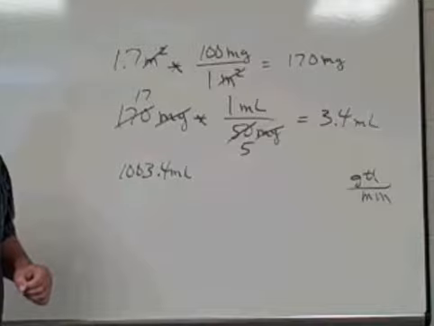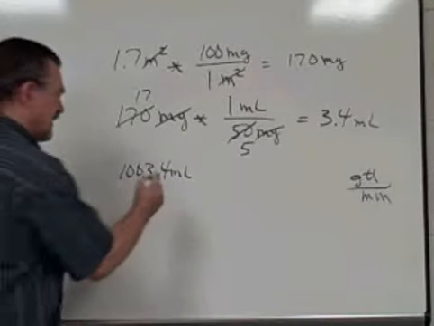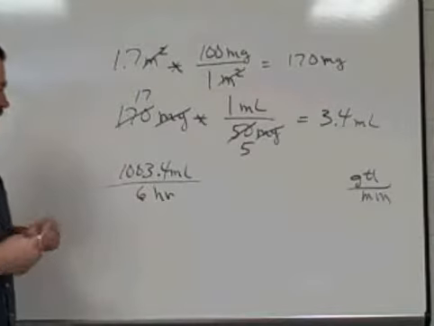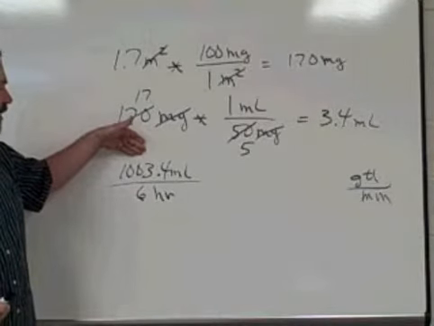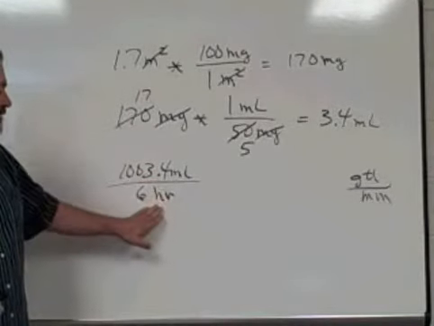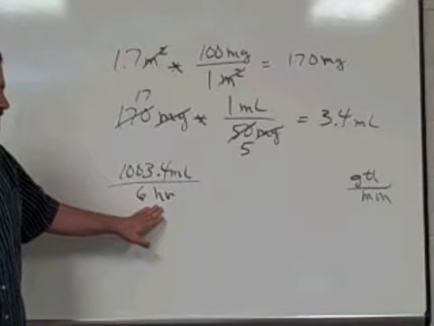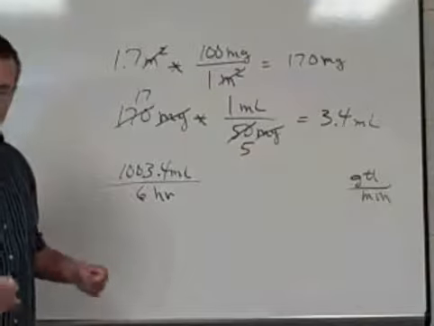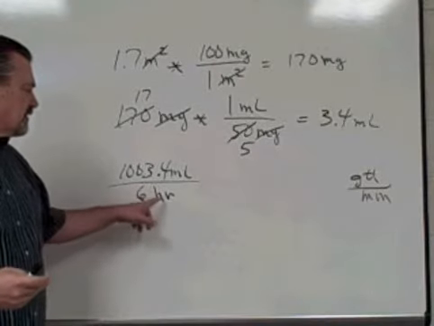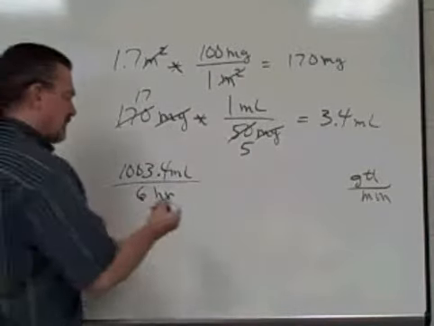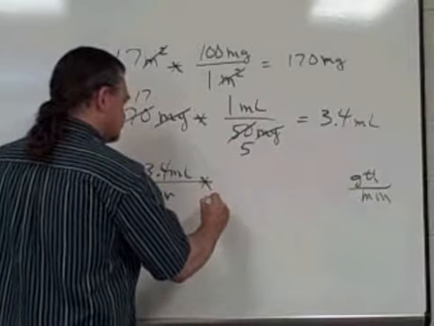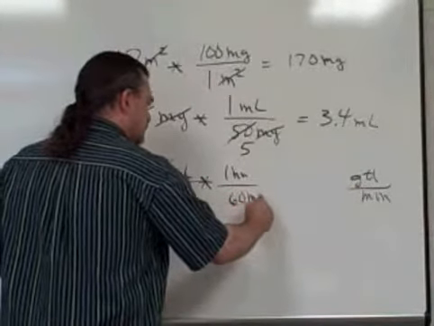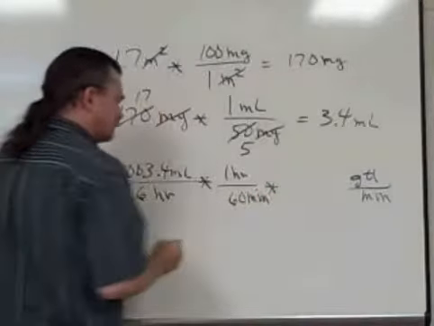And we are to infuse that over 6 hours' time. So we have a total of 1,003.4 milliliters that need to be infused in 6 hours. We want to know how many drops per minute. So as we've done before, we need to go from hours to minutes. So that's 1 hour is 60 minutes.